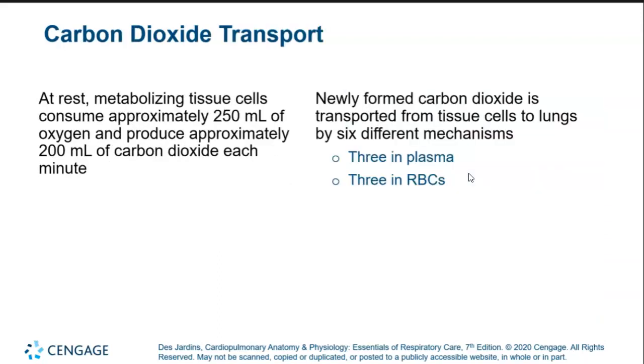All right, finally, let's talk about carbon dioxide transport. Carbon dioxide transport is really oxygen transport in reverse. We get oxygen from our lungs delivered to the tissues, and we get carbon dioxide from our tissues and deliver it to the lungs.